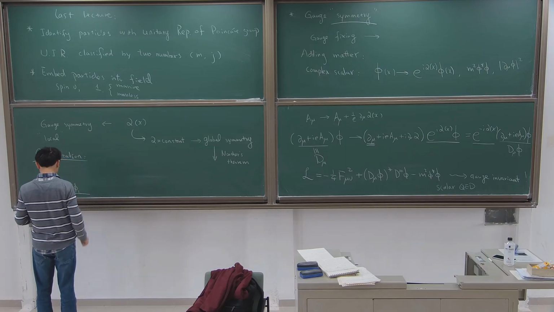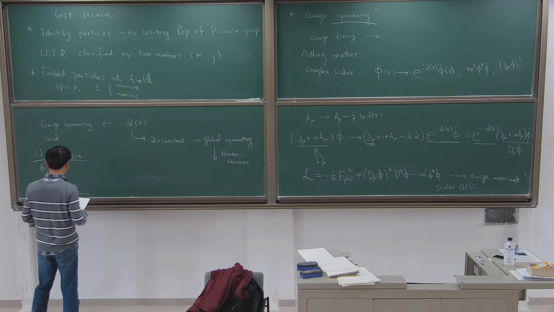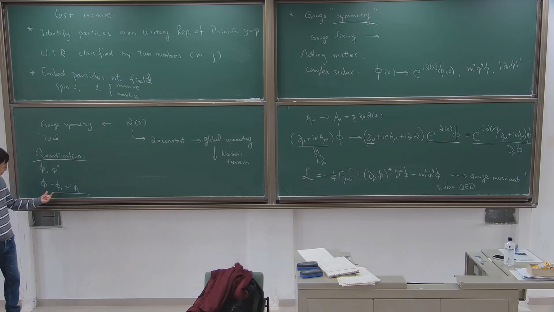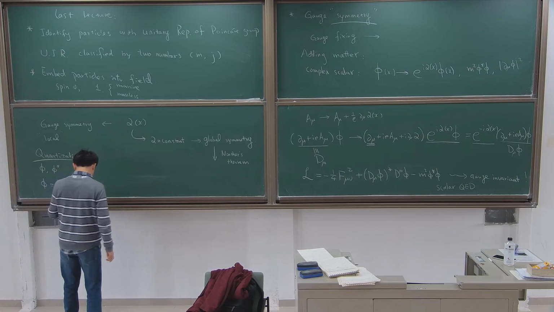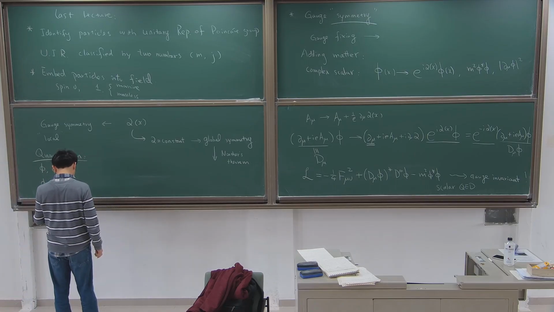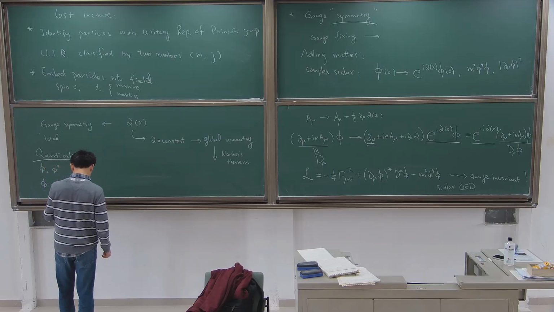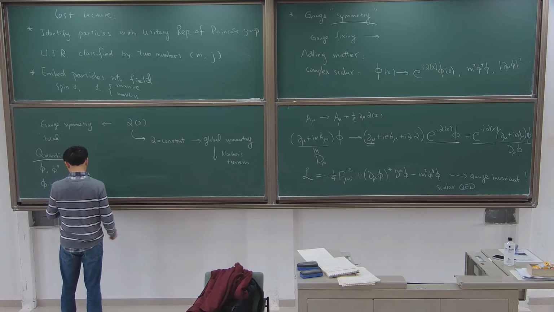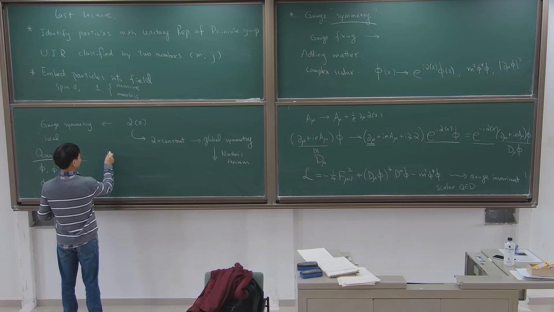So this means that you can just follow the previous quantization to quantize phi 1 and phi 2. That will be equivalent to quantizing the complex scalar. That should be clear, right? I can even organize these two fields.